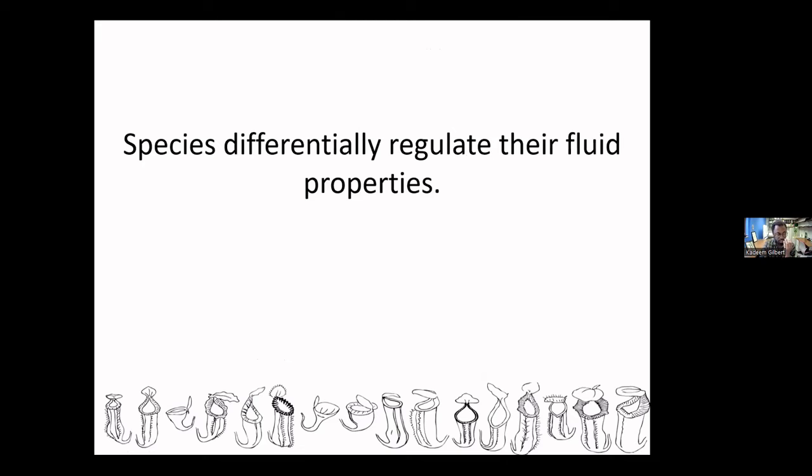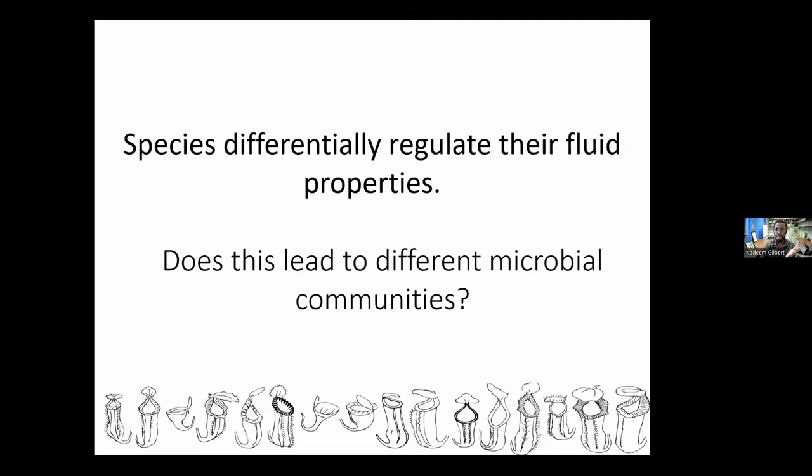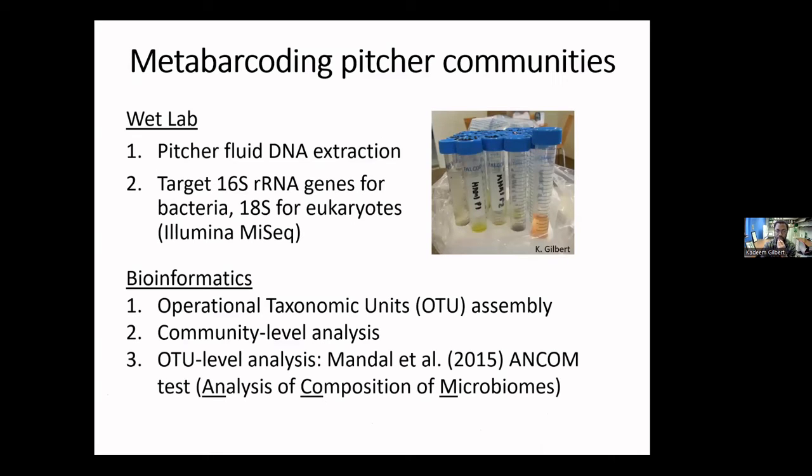So my question is, they differentially regulate their fluid properties, but does this lead to different microbial communities, even though we're in this artificial greenhouse and they're just exposed to the same microbes? Do these different species cultivate a different microbiome?